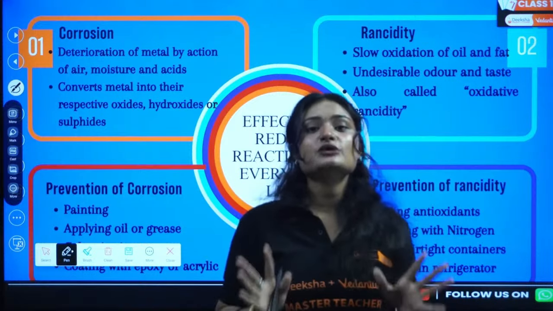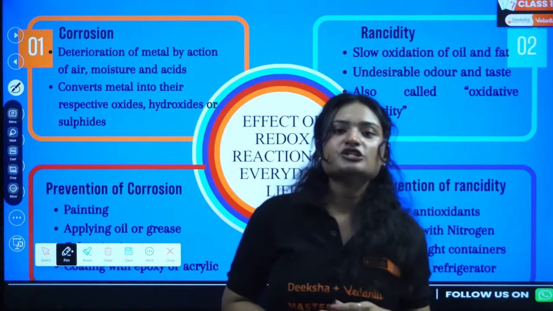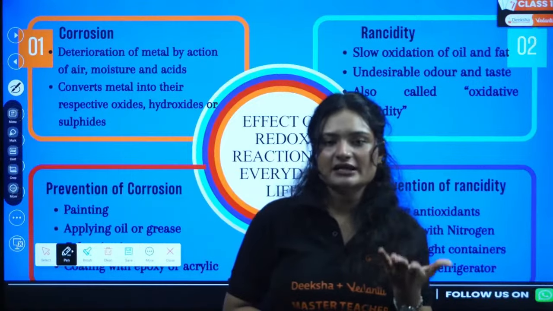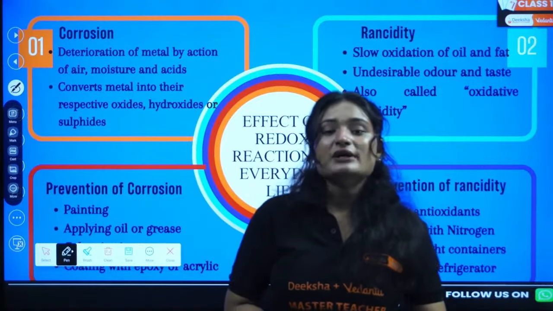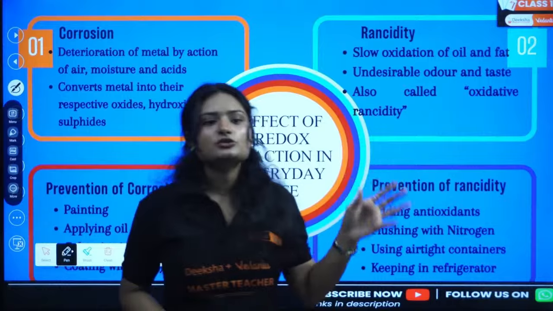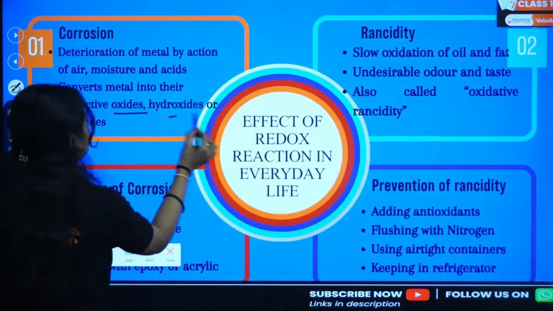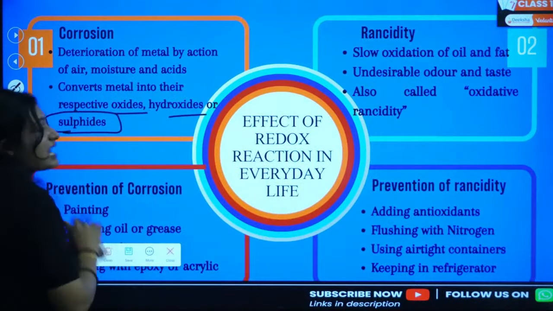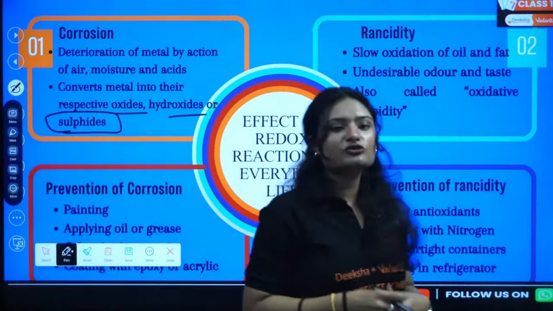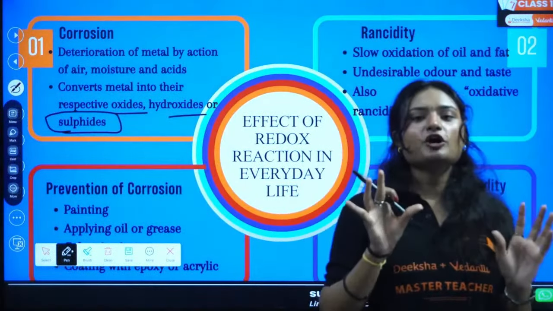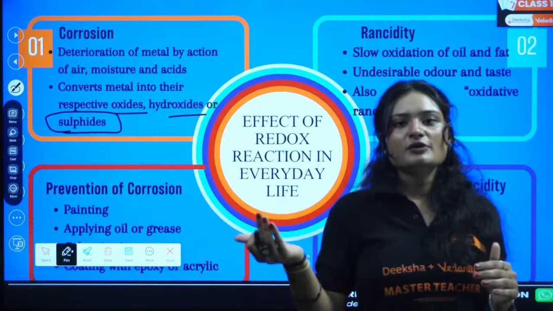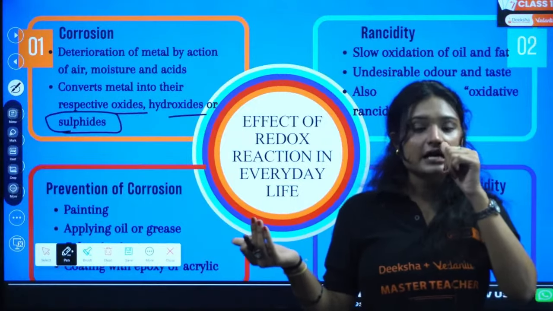Due to these three, there is deterioration of the metal happening. You have a pure metal, iron, and it gets converted into its respective oxide, hydroxide or sulfide. The metals are getting converted into compounds. The rust formula of iron is iron oxide.